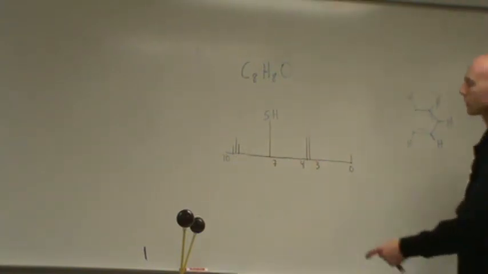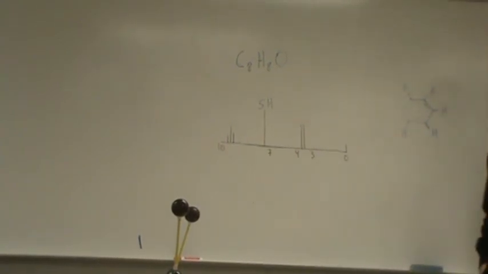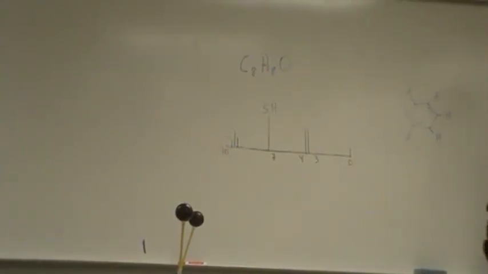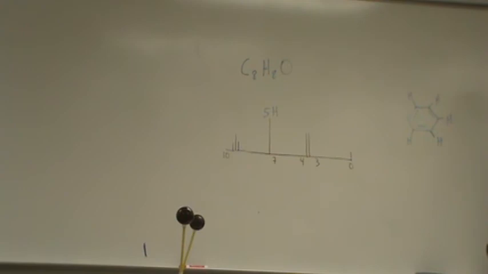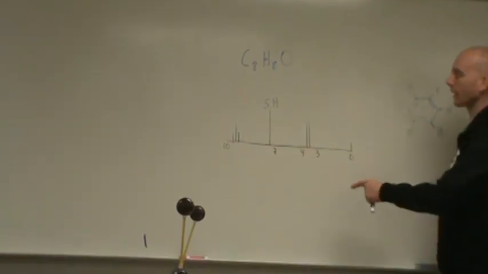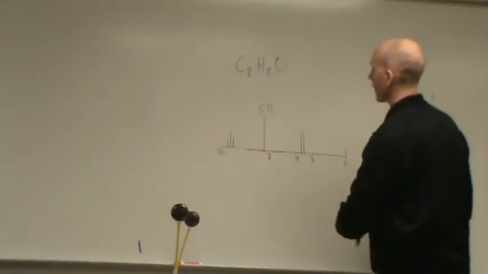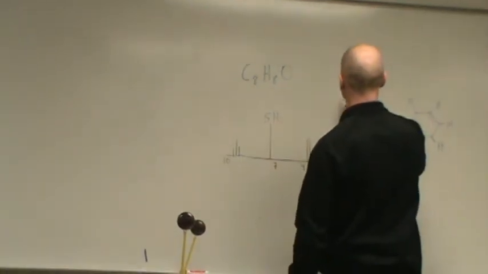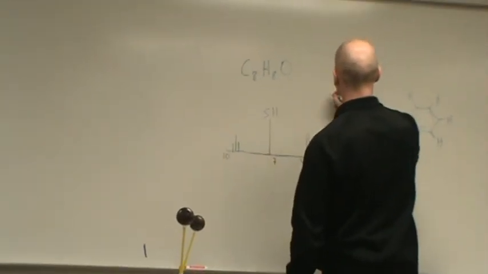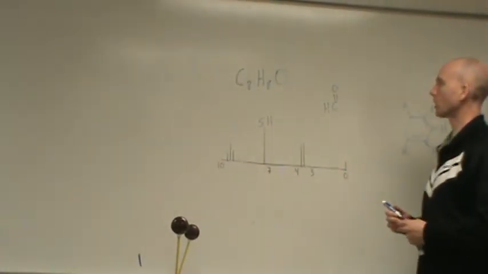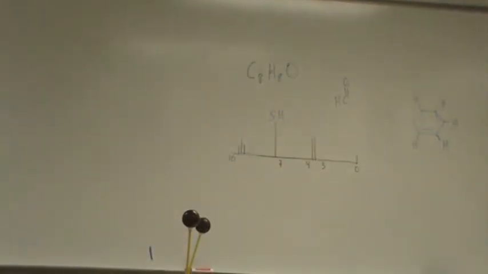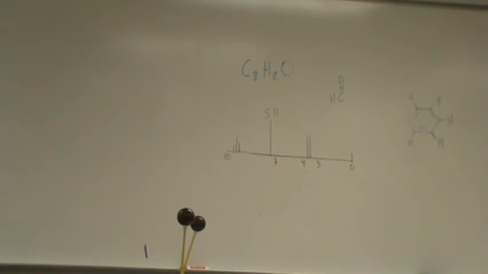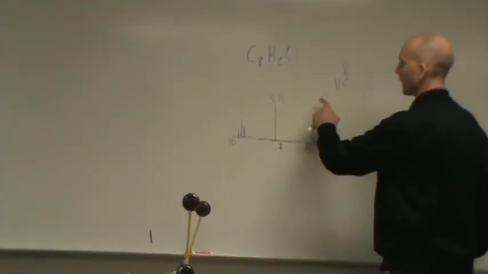What else do I see from here? An aldehyde group. There's an aldehyde hydrogen. So I could maybe just draw that like that. Just draw a piece. And that's being split into what?